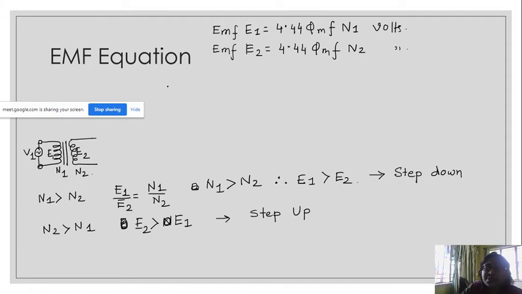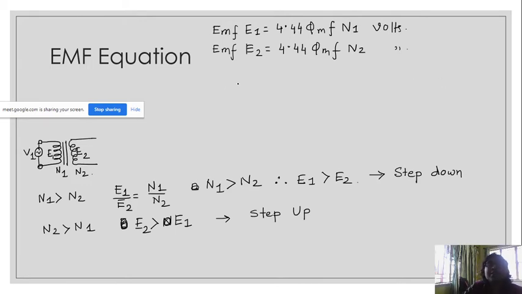So what actually happens in a transformer? Several factors are there. You know about the power triangle, in which three components are present in power. One is active power, another is reactive power, and the accumulation of these two is apparent power, which we express in volt ampere, that is, the product of voltage and current.